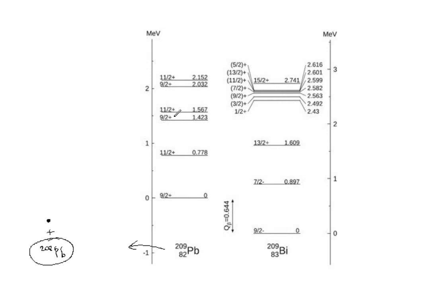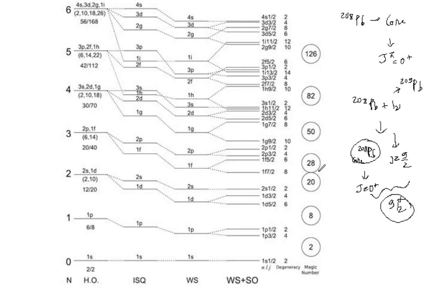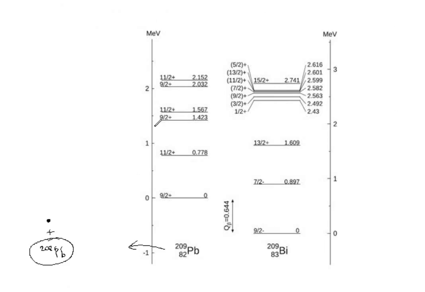Now how can you explain this 9/2 plus? You see, if you just assume that the core is as it is and the neutron just jumps to higher and higher levels, then instead of this 11/2, the next level which the neutron will go to is 3d5/2. So the spin should be 5/2. But the spin here you see is 9/2. Do you understand?